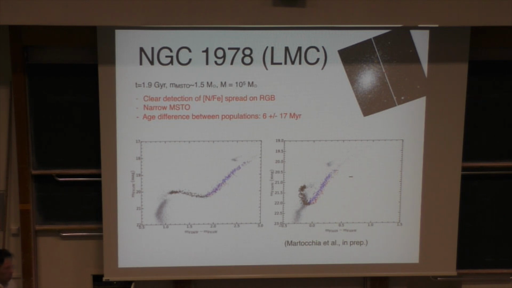There are some clusters where you see something that may look more like age spreads, like omega Cen, for example, where you have these parallel subgiant branches and multiple turn-offs. There are a few other clusters where you see that.